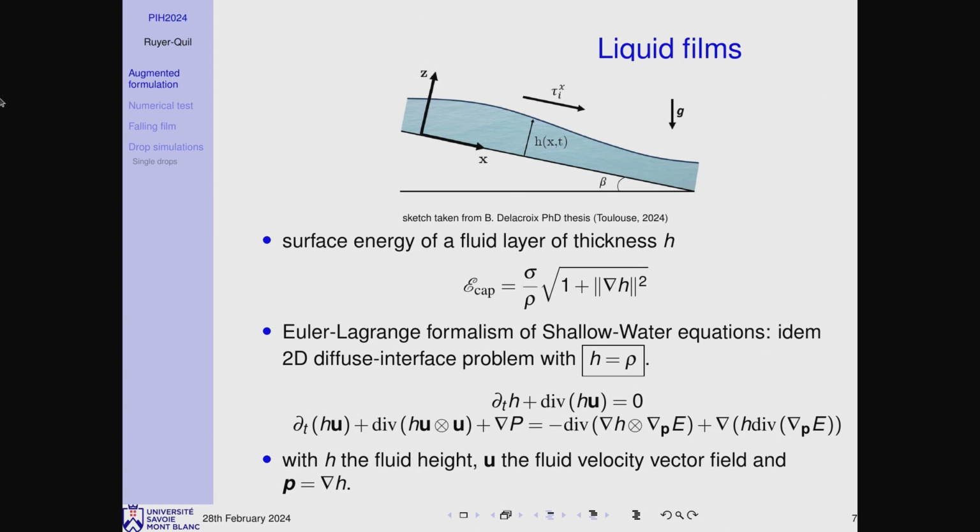So the 2D diffuse interface problem is exactly the liquid film problem when you exchange the film thickness for the density. This comes from the fact that the capillary energy is a function of the surface area, and the surface area is a function of the gradient of H, the film thickness, like the gradient of density for capillary fluids. So we can use exactly the same formalism, and you get exactly the equations derived by Dunn and Serrin for this inviscid case.